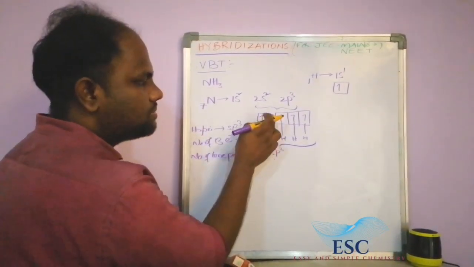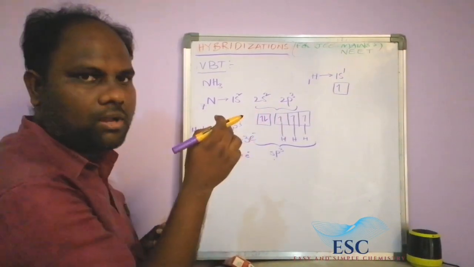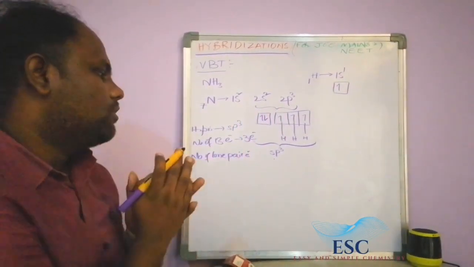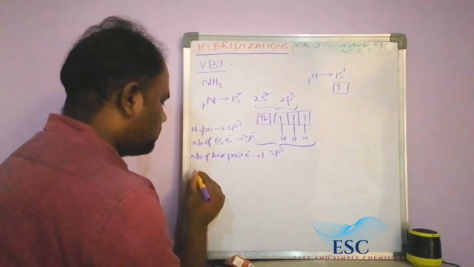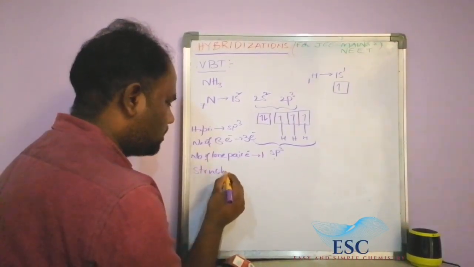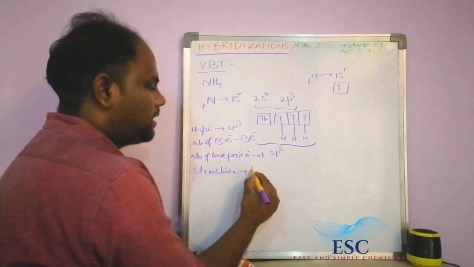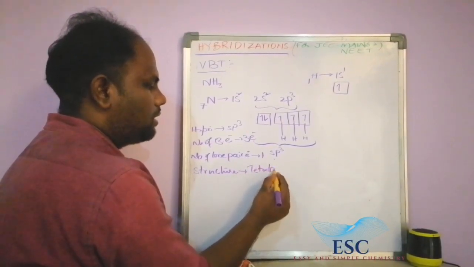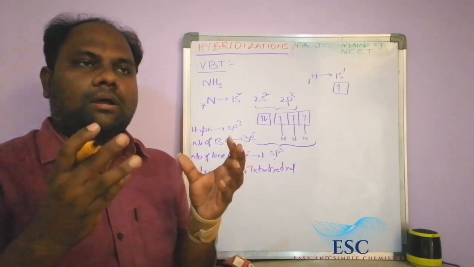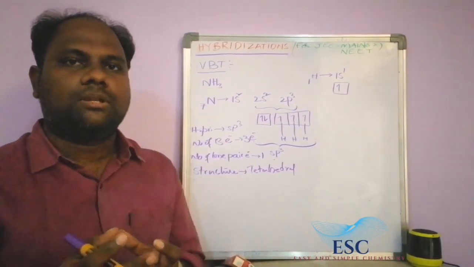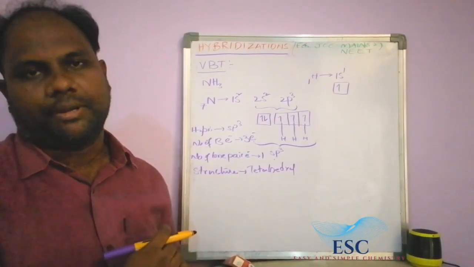Lone pair of electrons means this pair of electrons, also called a lone pair. How many lone pairs? Only 1 lone pair of electrons. Structure is tetrahedral.